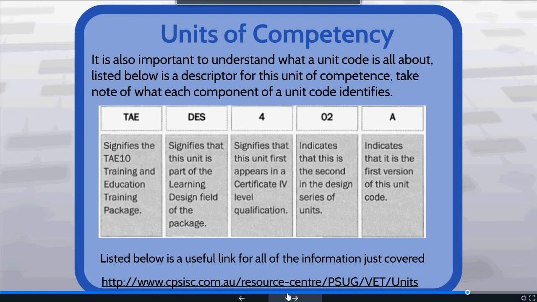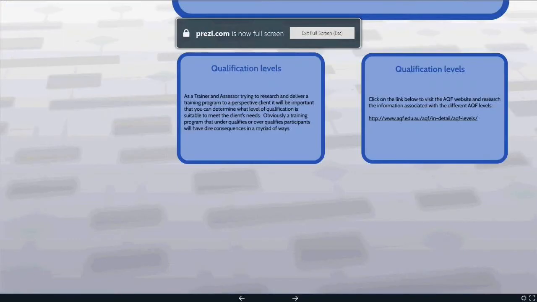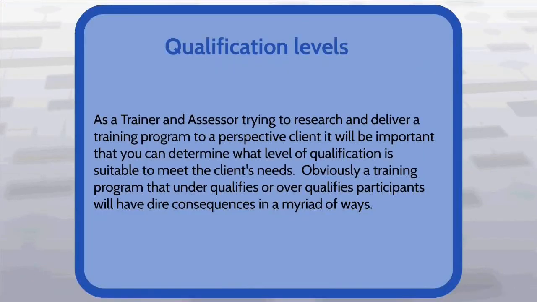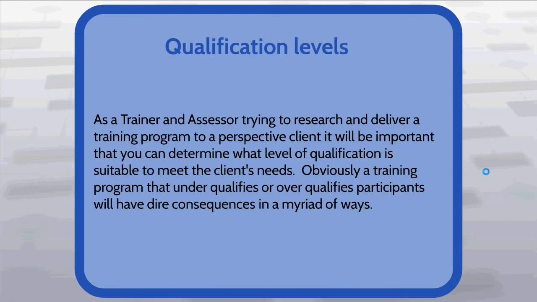So this unit is TAE DES 402A, from the Training and Education training package. It's a design unit, telling us how to design a course. It's Certificate 4 level, so if it was Certificate 1, it'd be TAE DES 102A, but it's a 4. It's the second in the series, and the A tells us it's the first and only version of it.